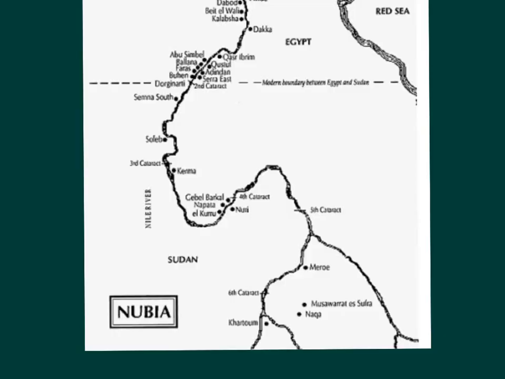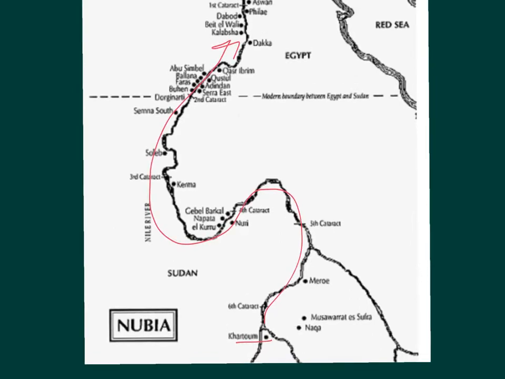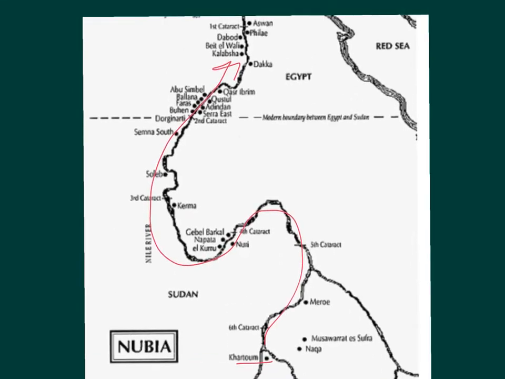The Nile through ancient Nubia. From Khartoum northward, the Nile makes two huge bends forming an S shape. The northern part of the S shape finishes at the city of Aswan in Egypt. Along this 1,000-mile stretch of the Nile was a land called Nubia.